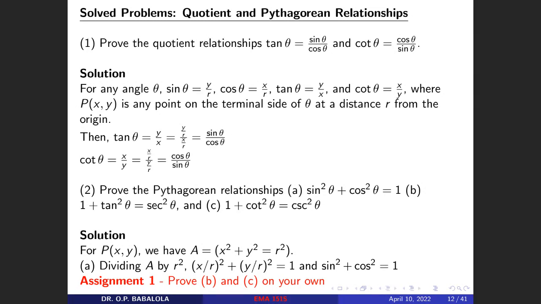You'll know that sine, using SOHCAHTOA, sine is what? From your SOHCAHTOA. Okay, thank you.